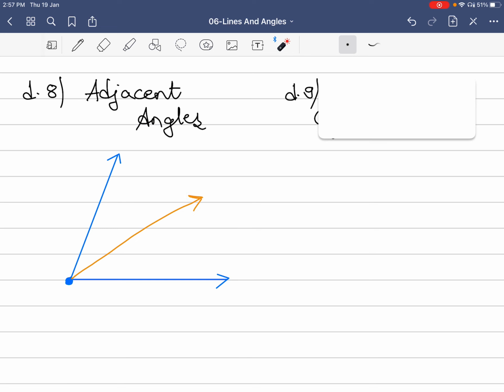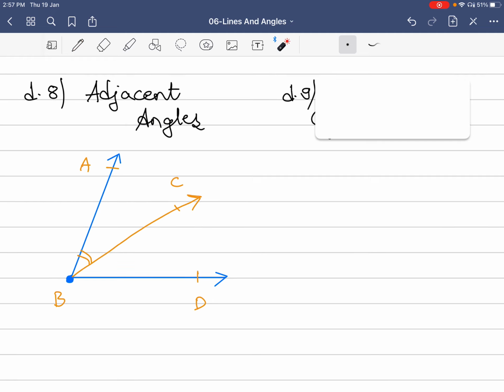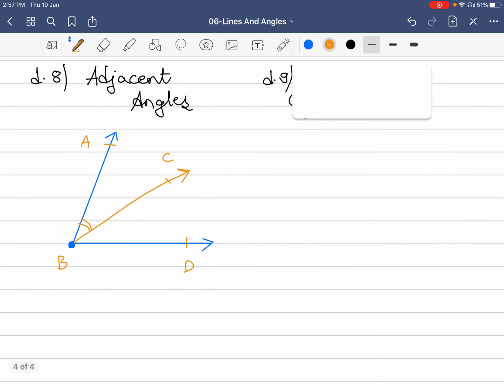Now if you note this, let me give names. So let's call this A, let's call this B, let's call this C, and let's call this D. Now there are two angles here in the picture. I'm going to note them down. So angle ABC and angle CBD.